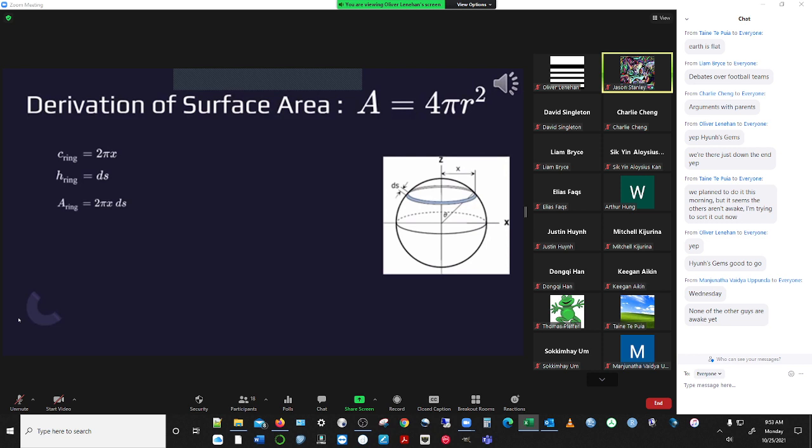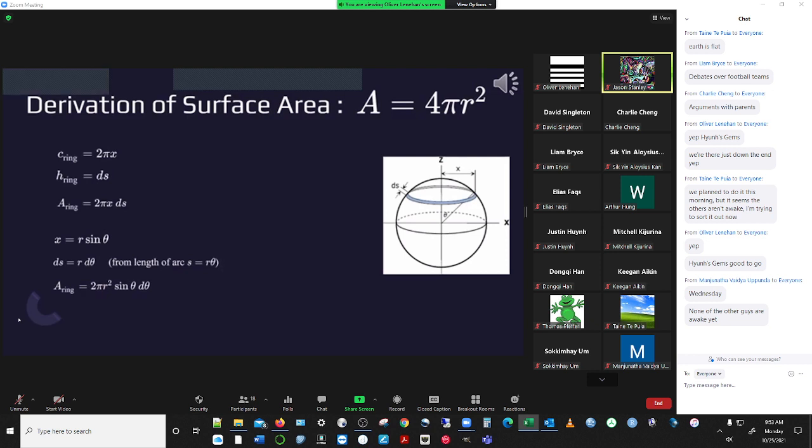Now, we cannot integrate 2 pi x using ds, so we must get both variables in terms of another intermediate variable, in this case theta. We can see from the diagram that x is equal to r sine theta, and from the formula for the length of an arc, we get ds equals r d theta. So now we have the surface area of each ring being 2 pi r squared sine theta d theta.